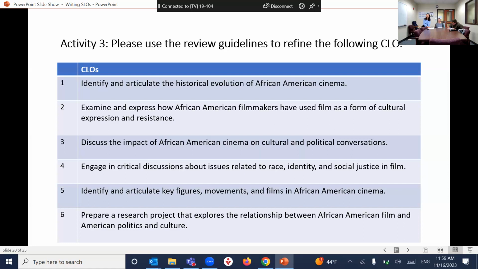So first, read it. Second, identify the issue. And third, using the guidelines that I just provided, revise these course learning outcomes. After that, I would like to invite Darwin to tell us how he is going to address the issues that existed in these outcomes and how he would revise them.